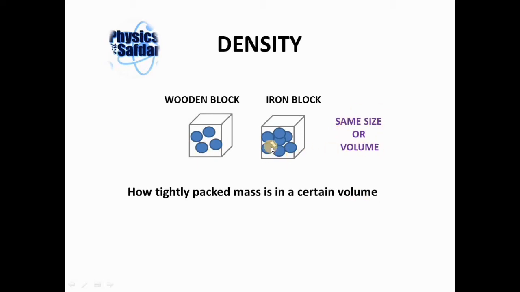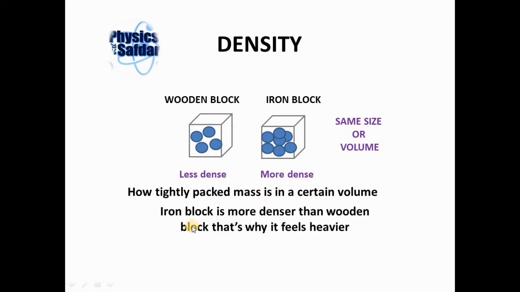The two blocks have the same size or volume, but the amount of mass in the iron block is more than the wooden block. That's why the iron block is considered more dense than the wooden block. So that's the idea of density. So the iron block is denser than the wooden block. That's why it feels heavier.